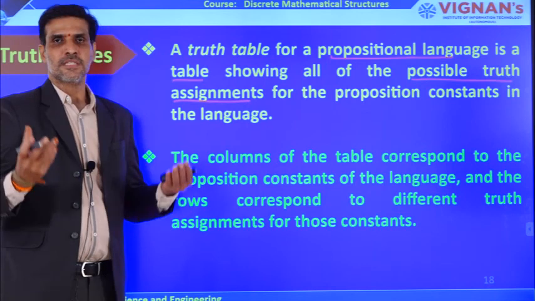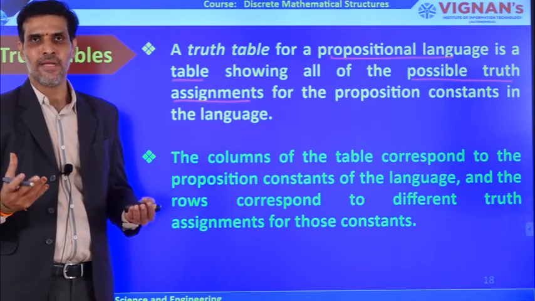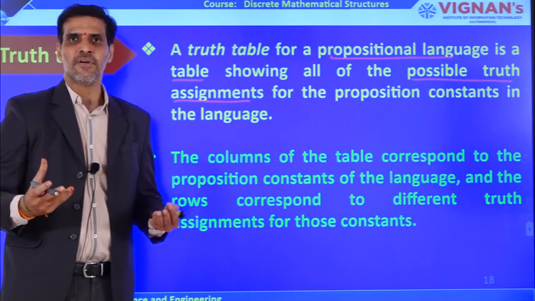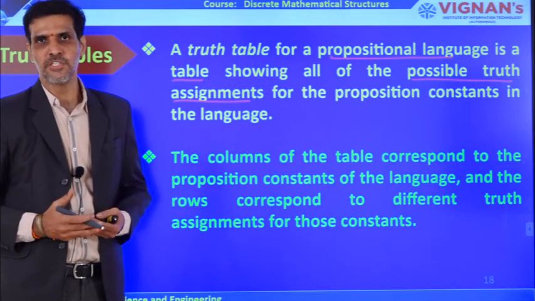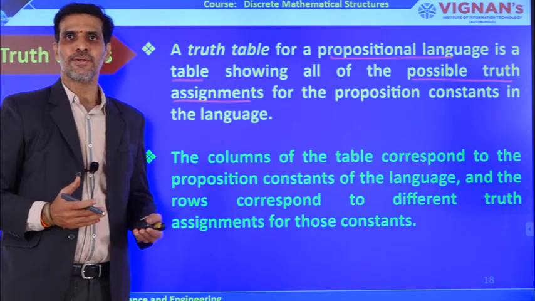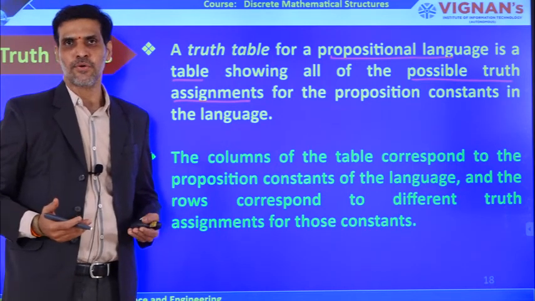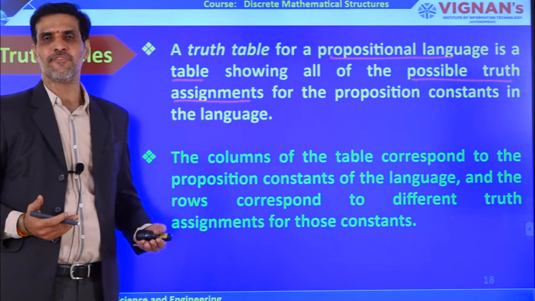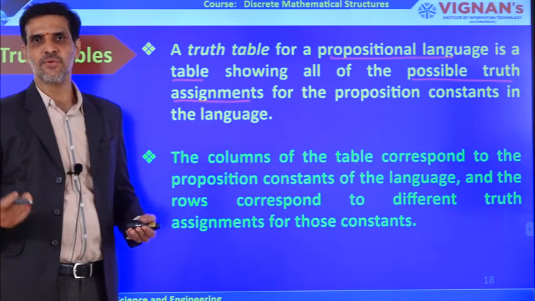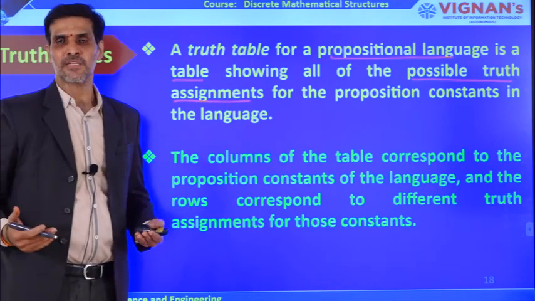Because the sentences you have combined may individually have different truth values. One sentence may be true, another may be false, and the next may be true. Or otherwise, the first sentence may be false, the second true, and the third false.